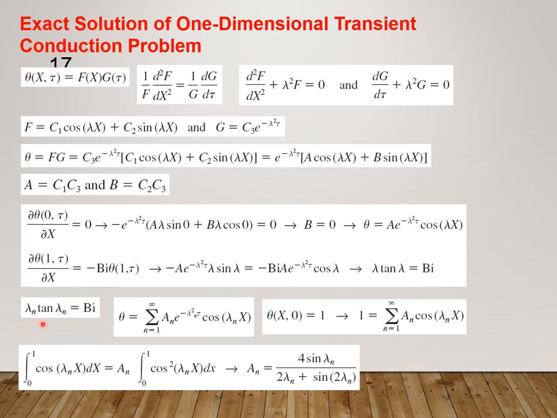So the Biot number can be written as lambda n tan lambda n. So this is the generalized formula.